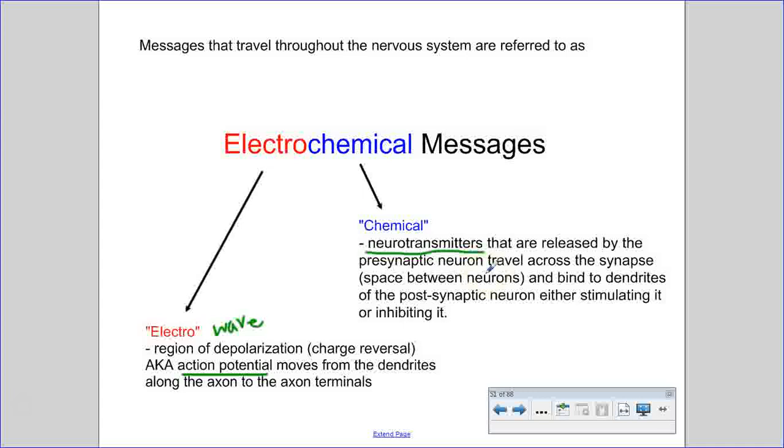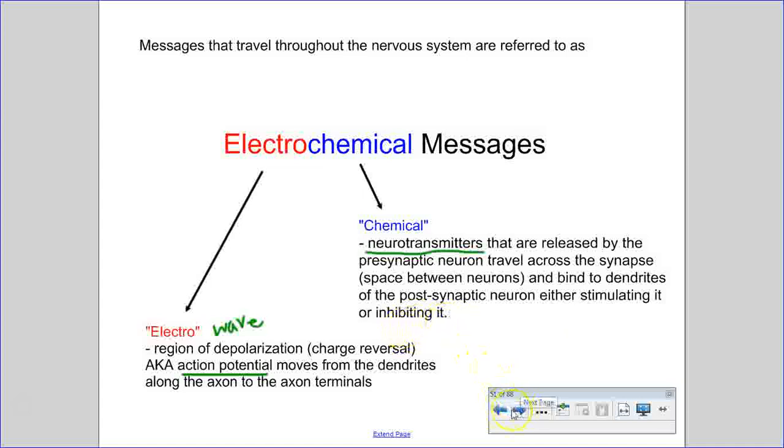They travel across the gap, the synapse, and bind to the dendrites of the next neuron. Because it's after the synapse, we call it the postsynaptic neuron. They will either stimulate that neuron and help bring about a new action potential, starting the electric message in the next neuron, or they may inhibit it from happening.